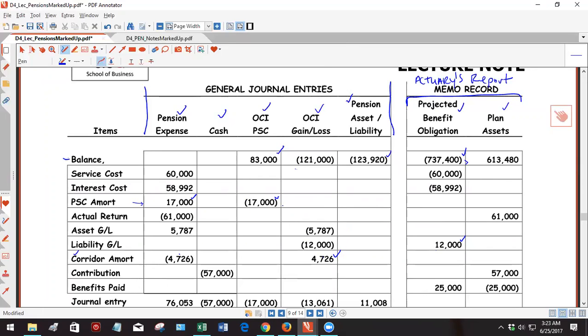Okay, so that is a normal debit balance. The OCI gain loss can have a debit or credit balance, because you can have a gain balance like this, which is a credit, and if it's a debit balance, it's an accumulated loss. So this is an accumulated gain, and you should be able to identify accumulated gains and losses.